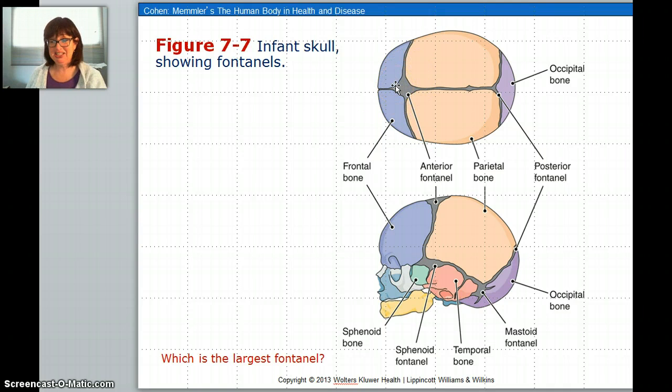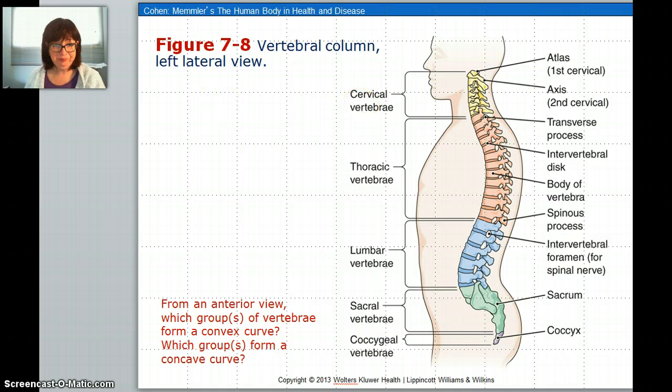The bones fuse as you become an adult, but in a baby they are not fused yet, so there is some squishiness to the head as it comes out of the birth canal.